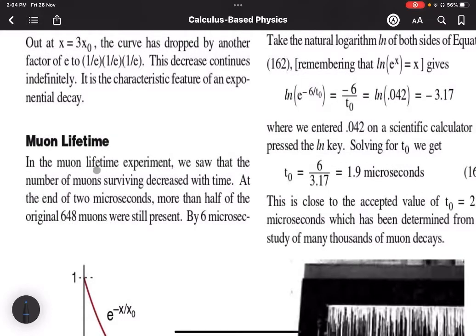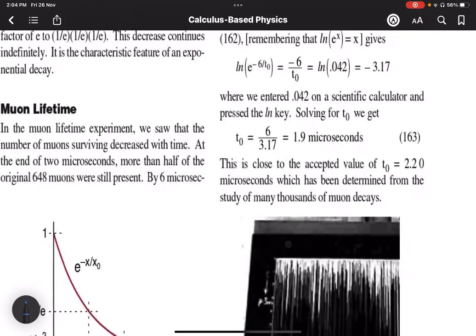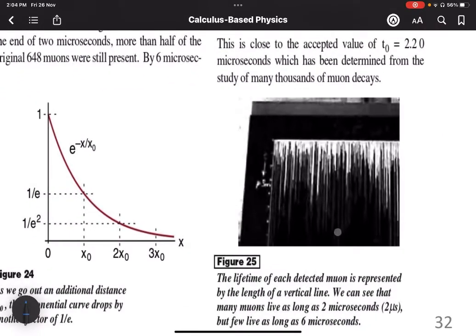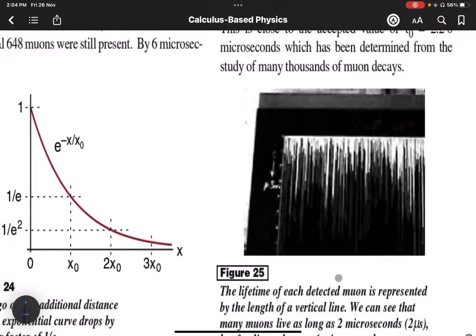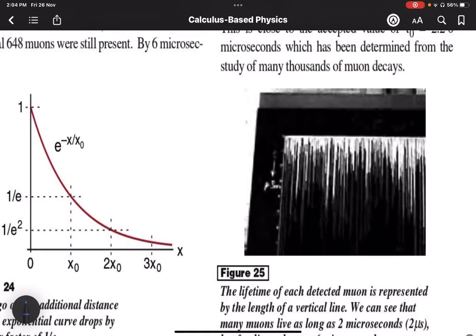In the muon lifetime experiment, we saw that the number of muons surviving decreased with time. So meron tayong machine, meron silang machine na pan-detect ng particle. Ito yon, nakaka-detect ito ng muon. So yung mga white lines, no, yun yung number of muons na nakikreate at na-detect, no, ng machine.